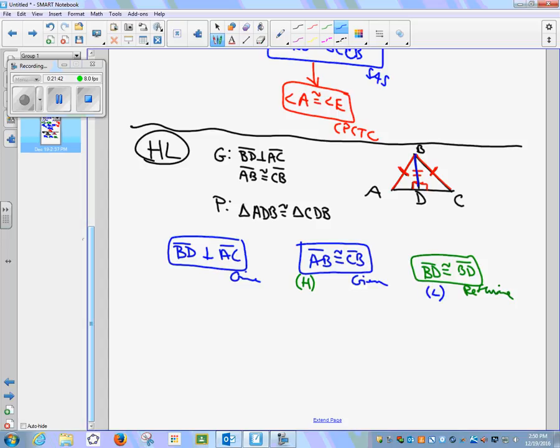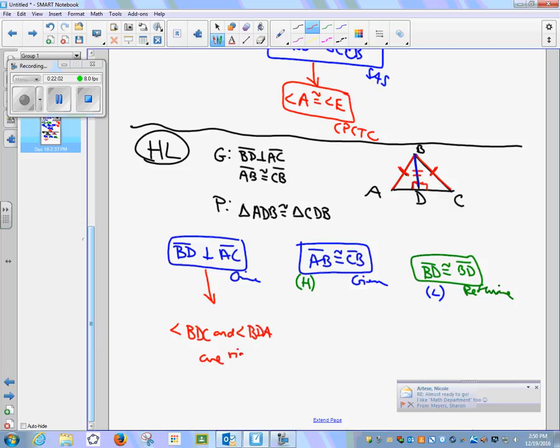So it's this perpendicular that's going to give us the third statement, but we can't go straight to saying the right triangles. First, we have to say angle BDC and angle BDA are right angles.